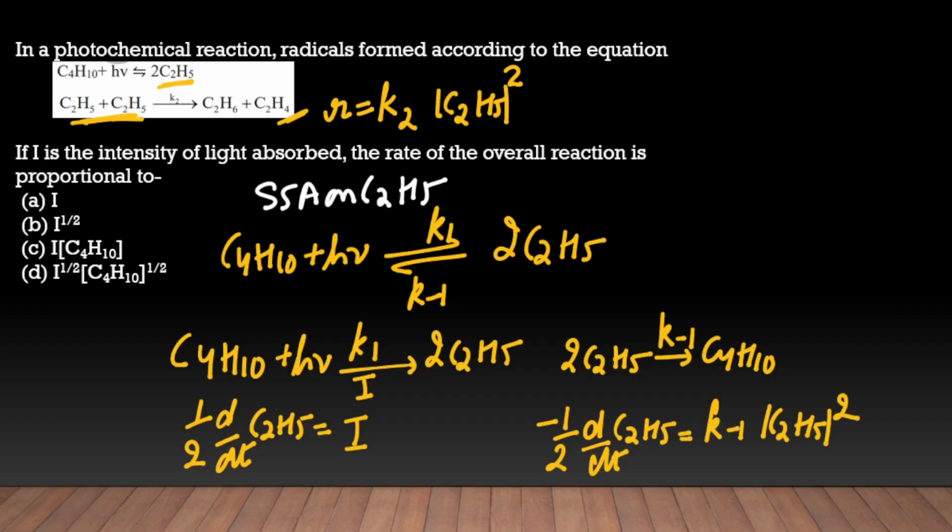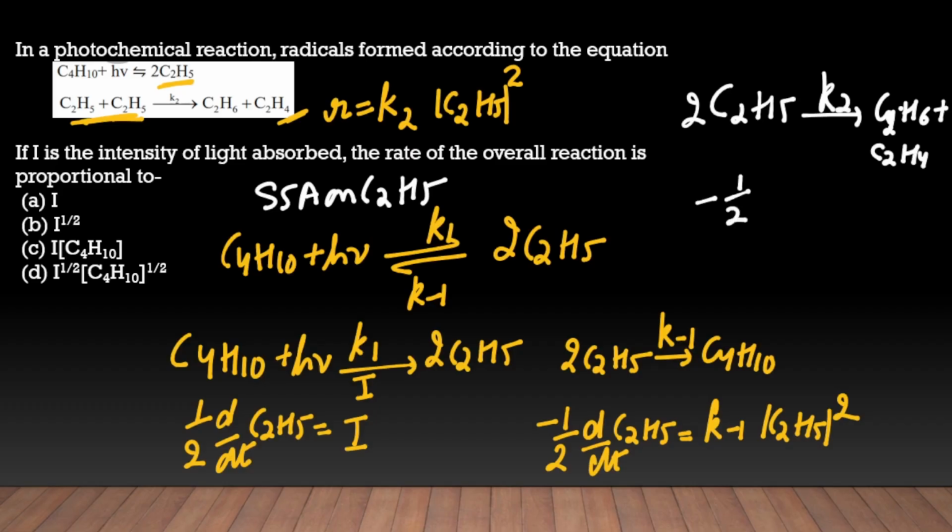And the third equation, which includes 2C2H5 with rate constant K2, gives us C2H6 plus C2H4. So minus 1 by 2 d by dt of [C2H5] is equal to K2 times [C2H5] square.